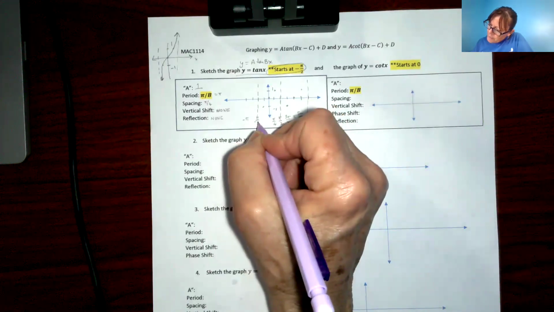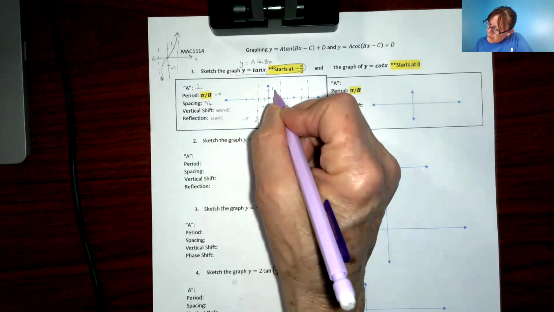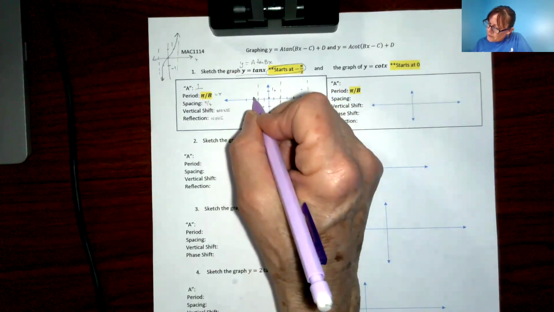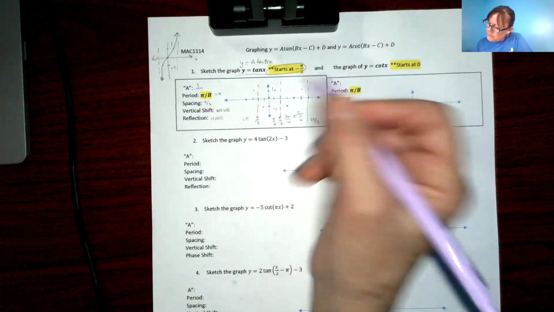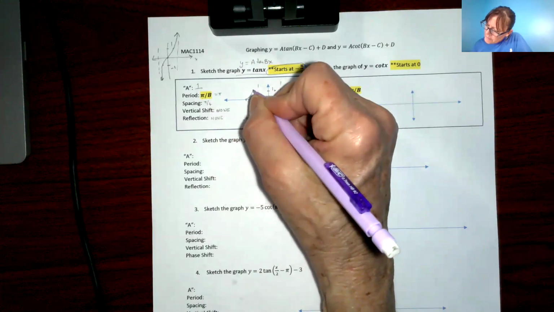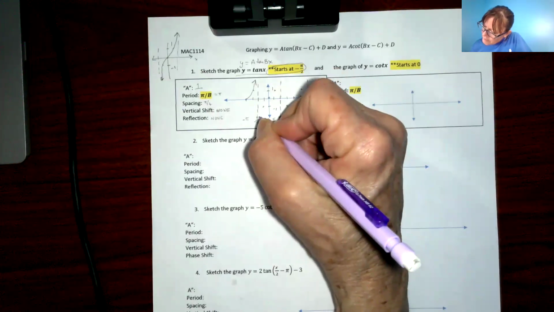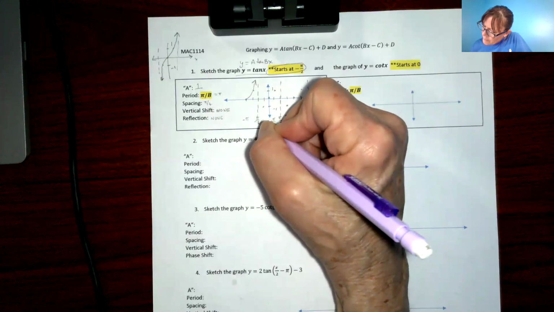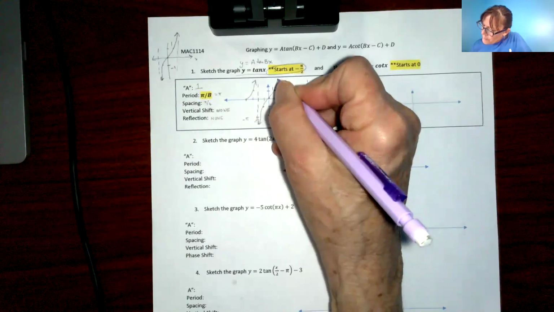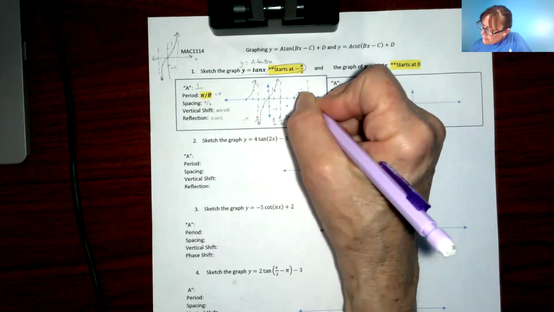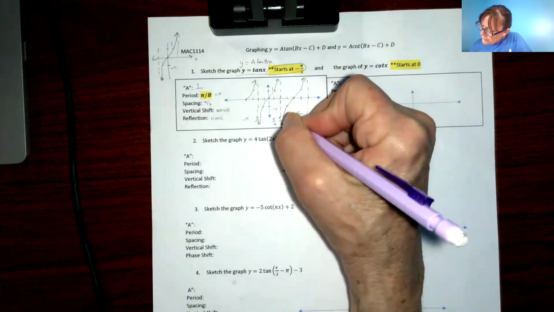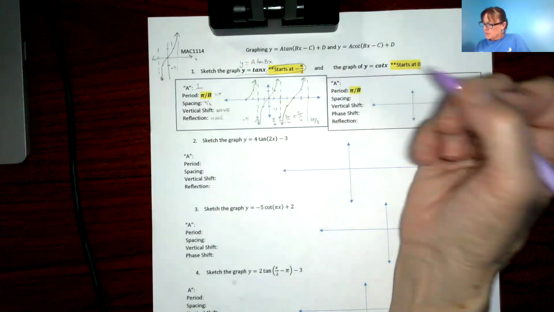And then if we went backwards, we'd go high, middle, low, asymptote. This will be high, middle. We'll just stop it there. This is how much of the tangent graph we see. We're going to go low, up, up, down. This is what this looks like.